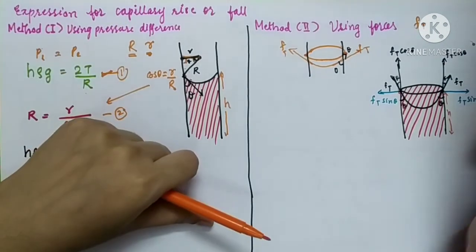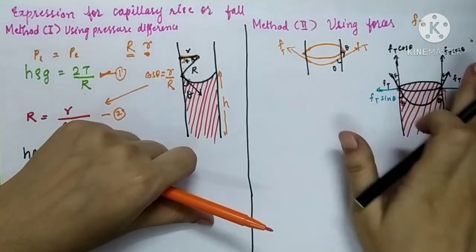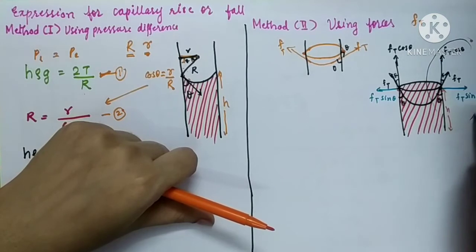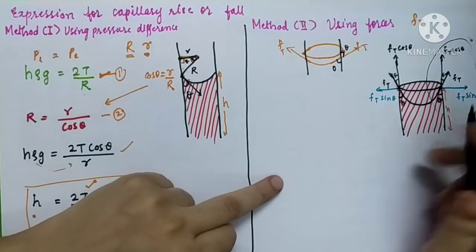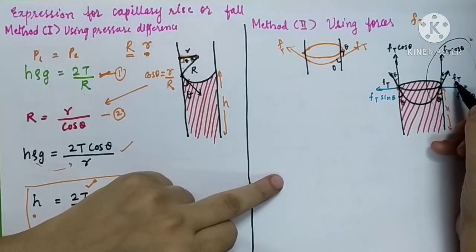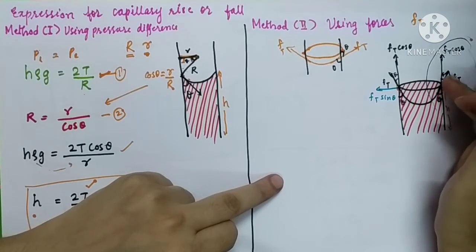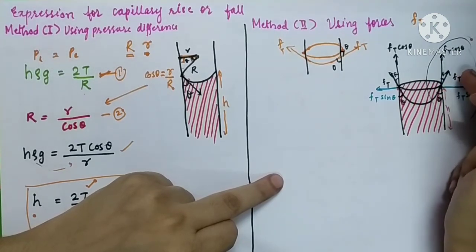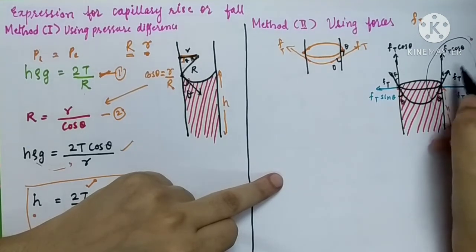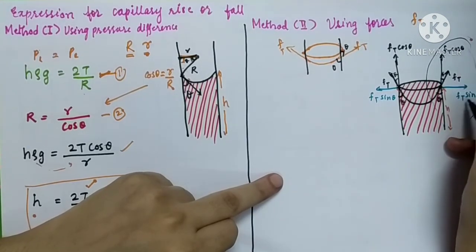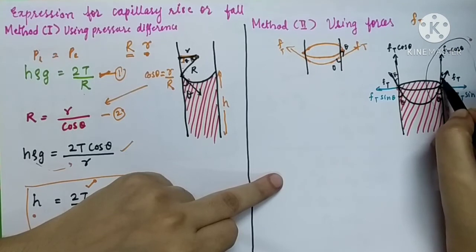So if you consider only this part of a capillary tube, you'll come to know that this force due to surface tension is slightly tilted. It is to be resolved into 2 components. The 2 components are Ft cos theta and Ft sin theta. Here we are having our theta.